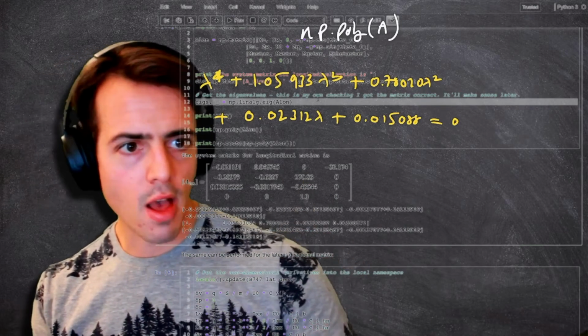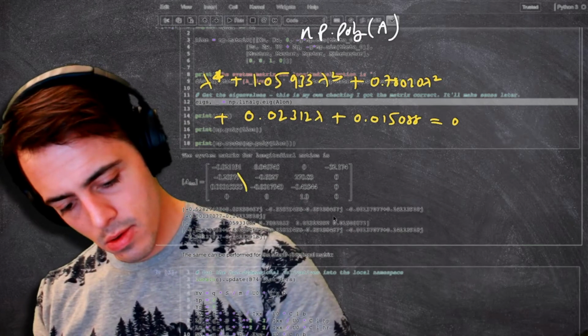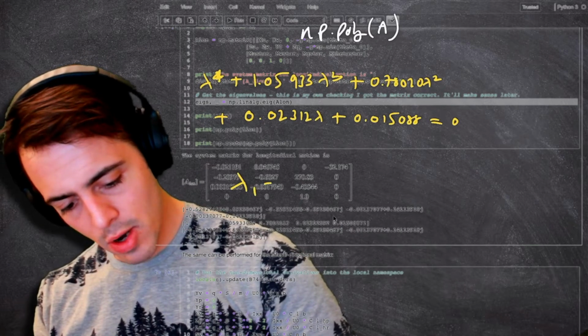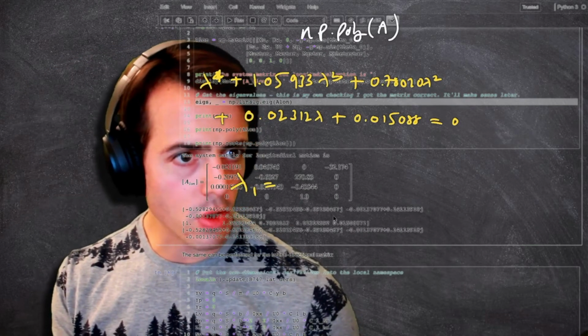So I'm just going to write these eigenvalues down. Lambda 1, I've got two sets of complex conjugates.